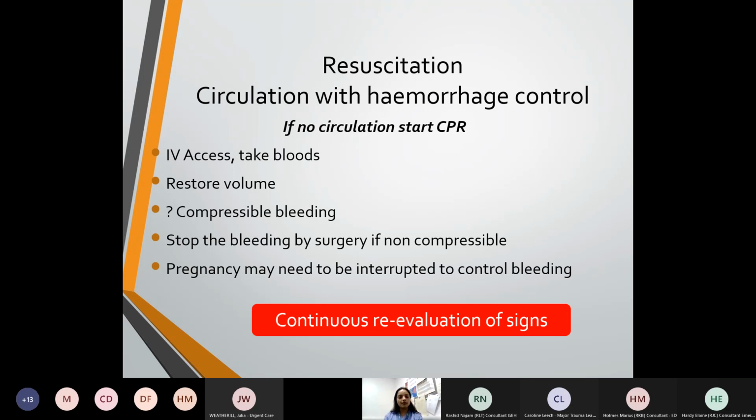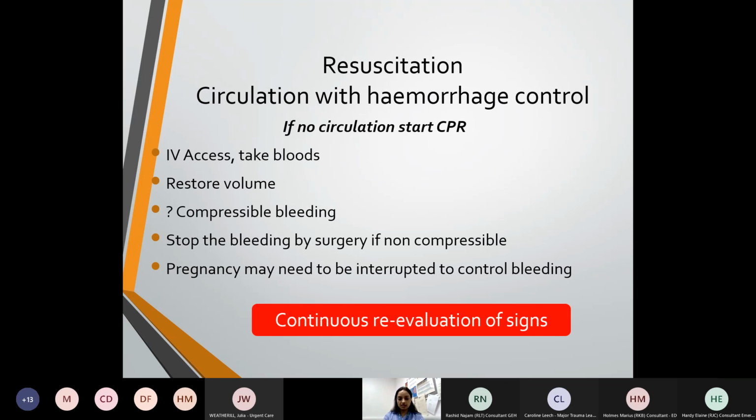Restore volume, and you may want to think about the compressible bleeding, which is what I was saying earlier, and stop the bleeding as early as possible. And that may mean that the pregnancy may need to be interrupted, which means that unfortunately you may have to do a termination, like by a cesarean section. If the baby is obviously not in a viable gestation, then that may have to be compromised for the sake of the mother.